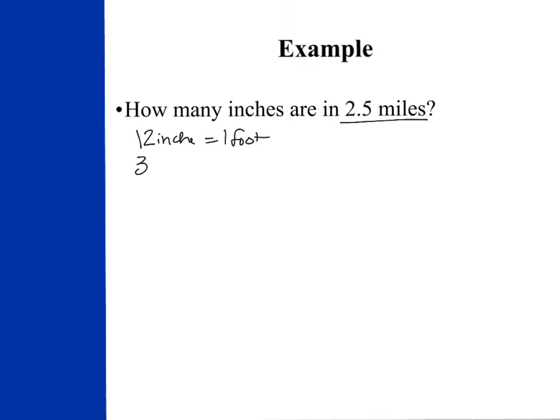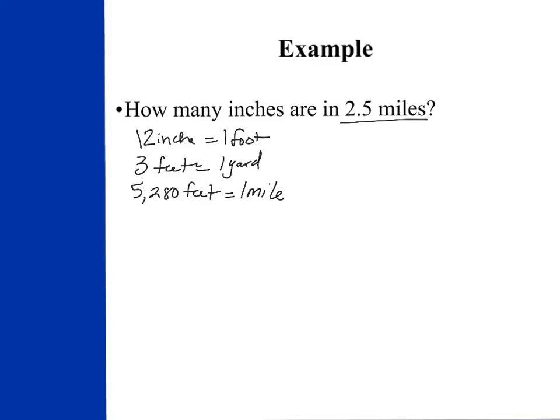I know that there are 3 feet to 1 yard. And I know that there are 5,280 feet in 1 mile. Now it may be that I write down a unit conversion factor that I'm not going to end up needing. But it's usually easier to have all of the things that you might need written down before you start the problem.